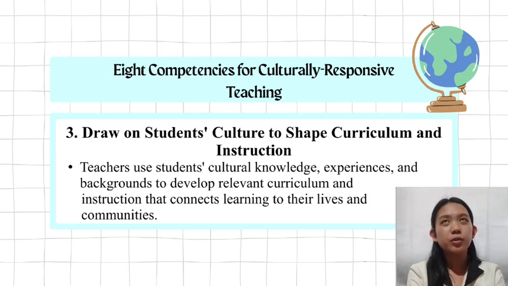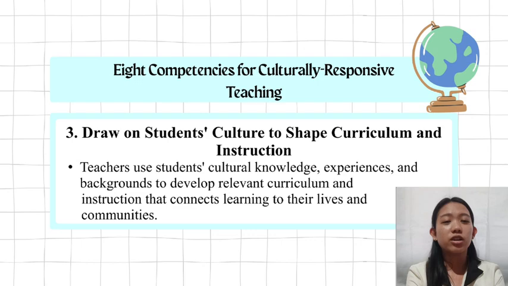For example, the teachers can use situations or examples from students' communities when explaining a topic. This makes learning more relevant and helps students connect school lessons to everyday life. However, teachers should avoid stereotyping because learners from the same cultural group may have different experiences.